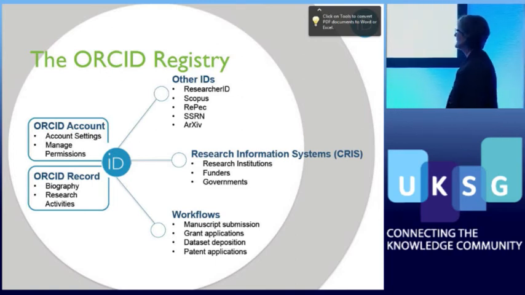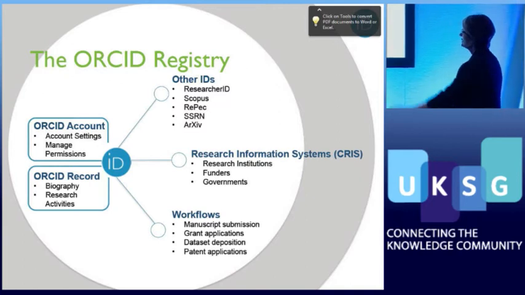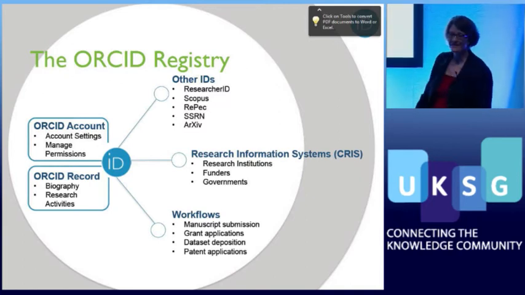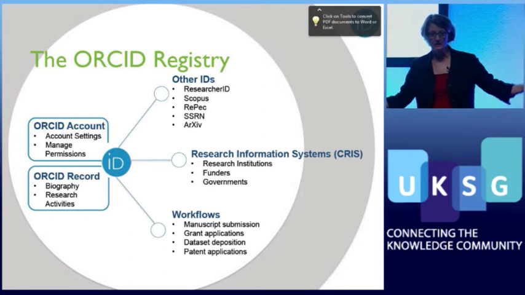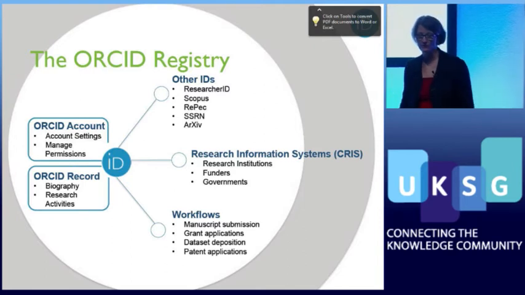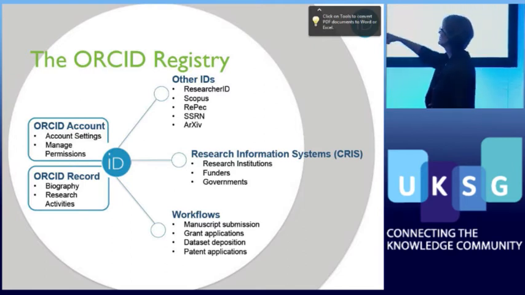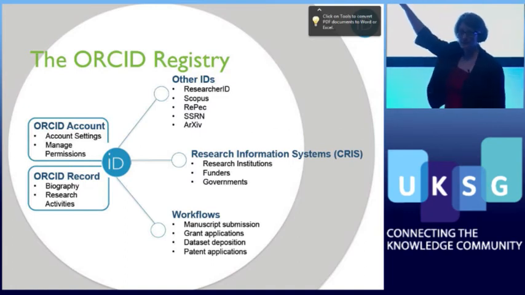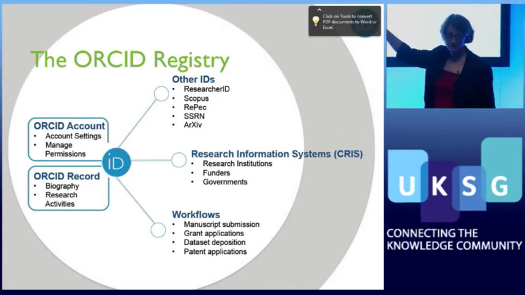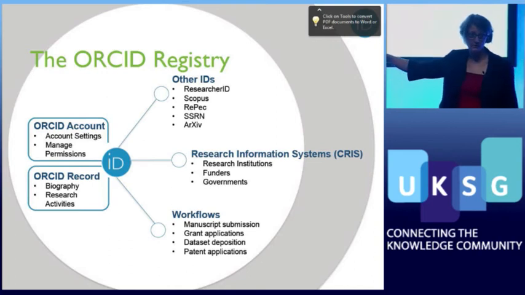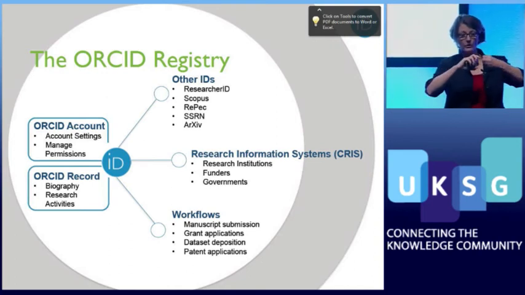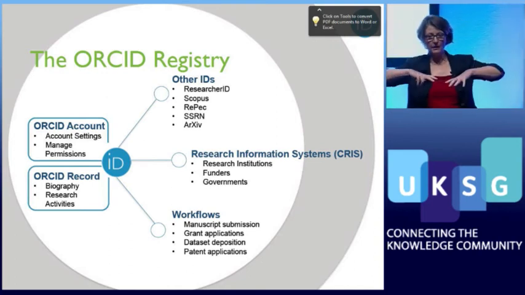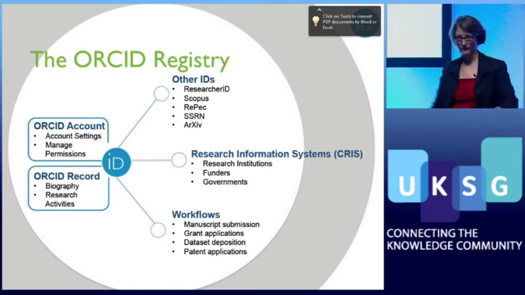And the identifier then links to other information. We are not a database of free text. This is not what we do. We link. We're a switchboard. So we link to other identifiers. We link to CRIS systems. We link to workflows. That's the whole point of ORCID, is to bring down the walls between silos and link it.